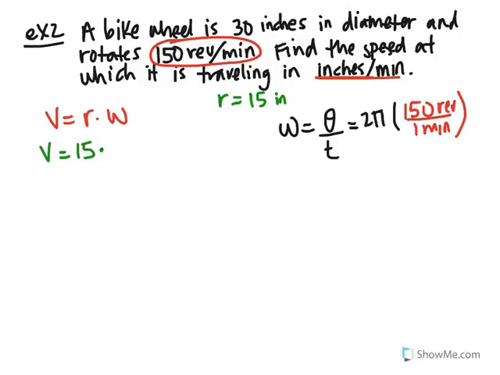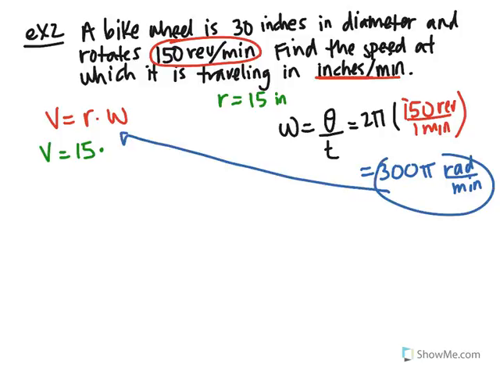So I get 2 times 150, so I get 300, and then since this is the angular speed, the angle is in radians per 1 minute. So we're just going to have radians per whatever the unit of time is. And this is going to get plugged in to omega right there. So we're going to multiply this by 300, and then pi, and this is going to be radians per minute.